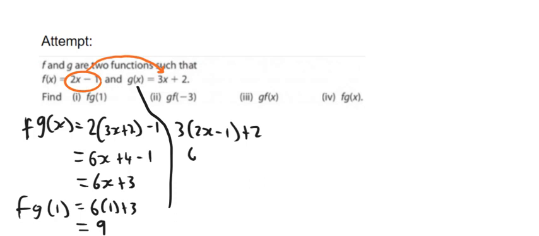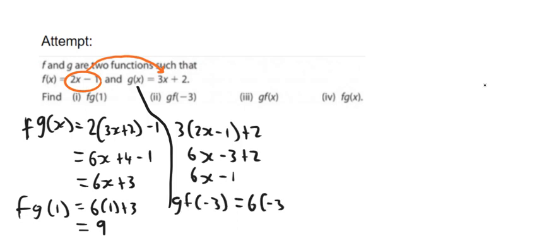So that's going to be 6x minus 3 plus 2, 6x minus 1. And then I have to get g of f of minus 3. So that's going to be 6 times minus 3 and take away 1. So that's minus 18 minus 1, which is minus 19.